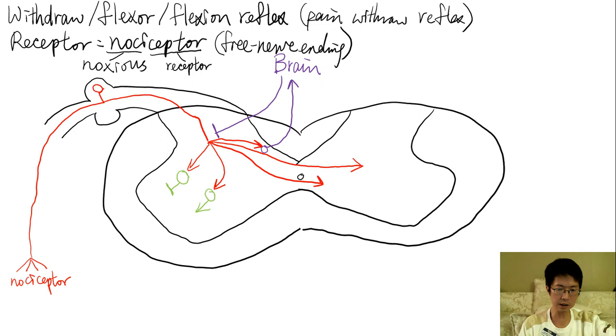And then the inhibitory interneuron goes to your ipsilateral extensor. Again, quadricep.